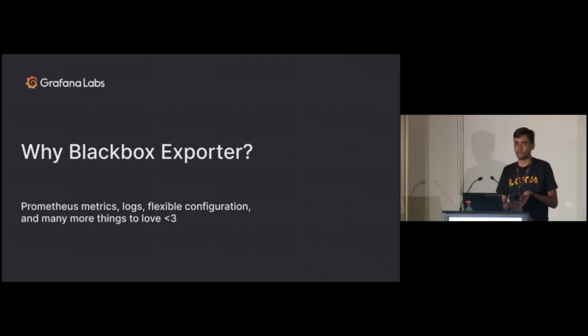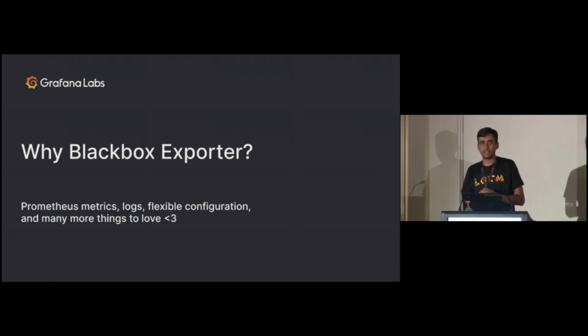There are many more things to love about Blackbox Exporter. It has IPv4, IPv6 support in it. You can configure credentials. You can configure regular expressions based on the response you get, like the check should fail if my header has this. These things are really handy when you're trying to set up complicated checks.